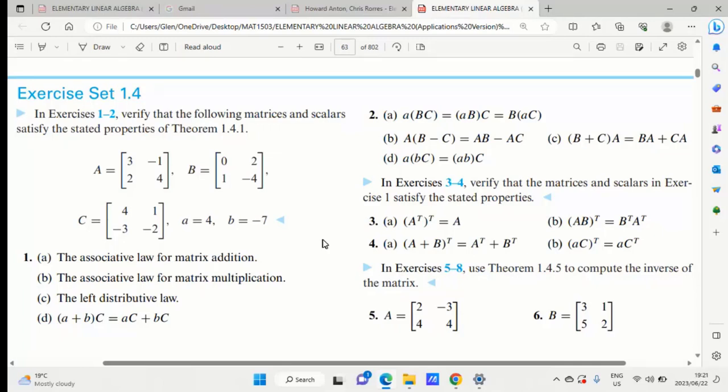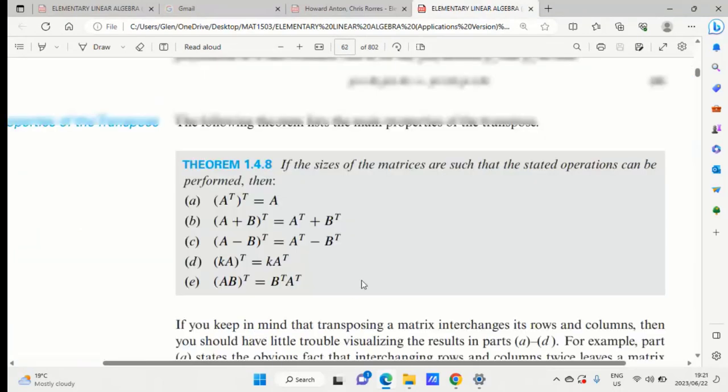Okay, let me start here before anyone comes in, Vincent. Let's go to these laws. Let's go to theorem 1.4.1, because that is what has to be applied.